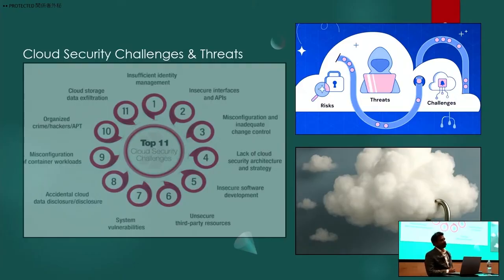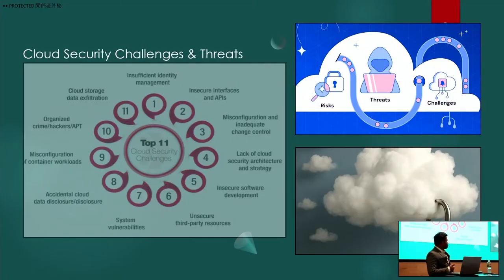Capital One got into trouble because of misconfiguration of cloud areas, and I will talk about the exact area. We also have the Uber case, where driver data and user data information was leaked, and we need to understand why it happened.